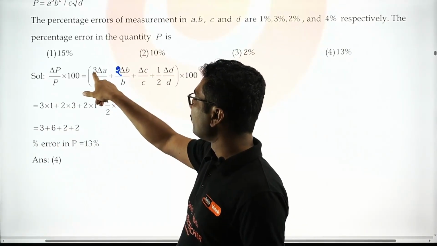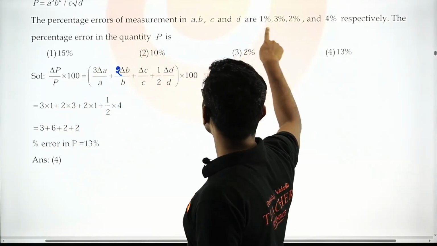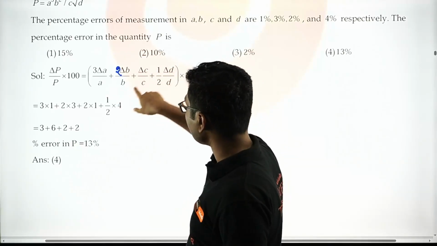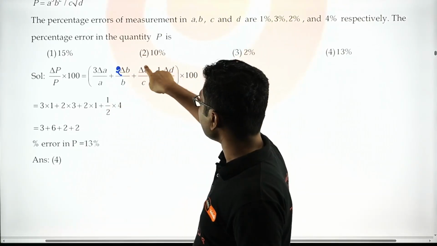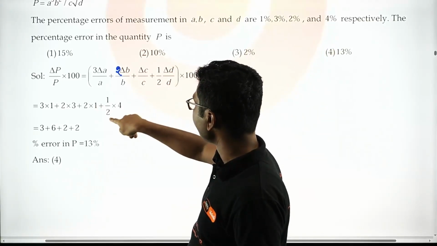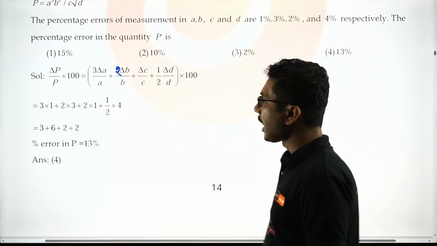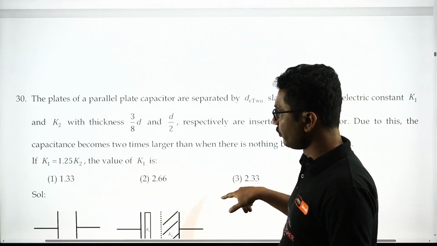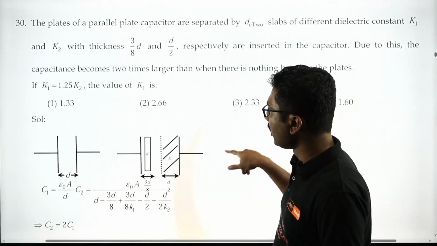Here you have to multiply, okay? 3 will be multiplied with 1%, 2 will be multiplied with 3%. Here delta c by c is 2 and delta d by d is 4, so you have to multiply them, add them, and you get the total percentage error, which is 4%. So option 4.